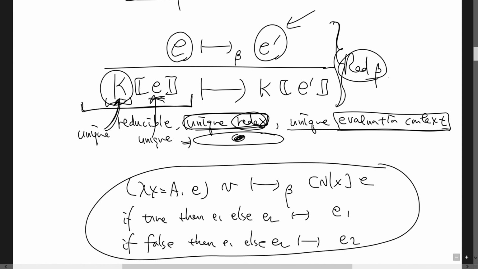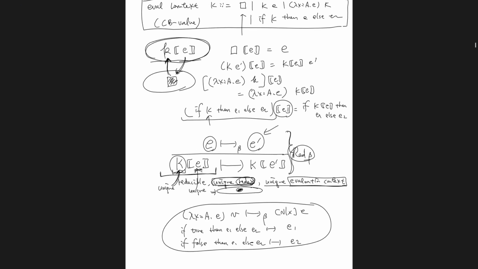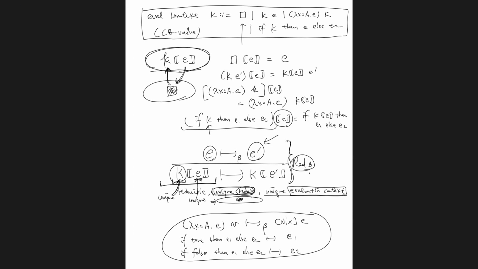So the new formulation of operation semantics is comprised of three sections. First, we have to give an inductive definition of evaluation context. Remember that this single inductive definition of evaluation context specifies a unique reduction strategy. In other words, the reduction strategy is built into the definition of this evaluation context.